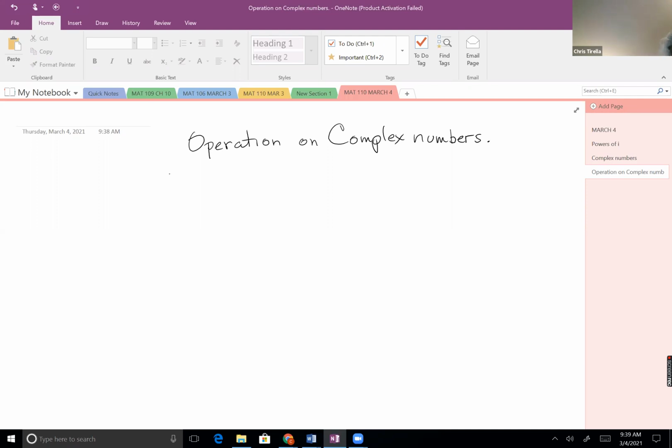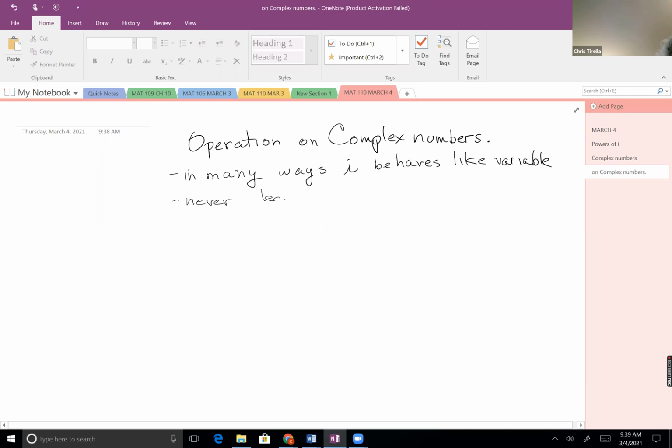As a rule of thumb, in many ways, i behaves like a variable. But we have to remember that we're never going to leave an exponent on i. We need to know those 4 basic powers. And if a square root has a negative radicand, you must put it in terms of i first.